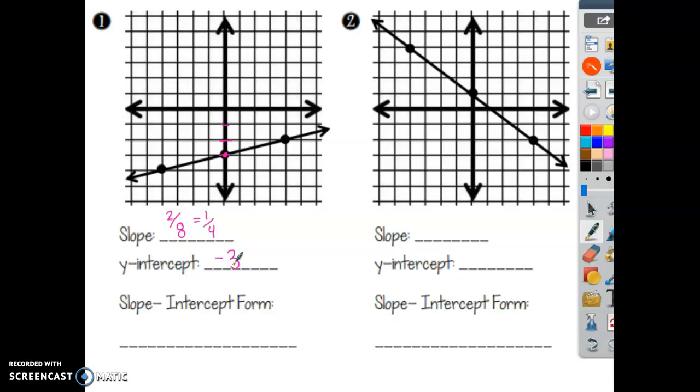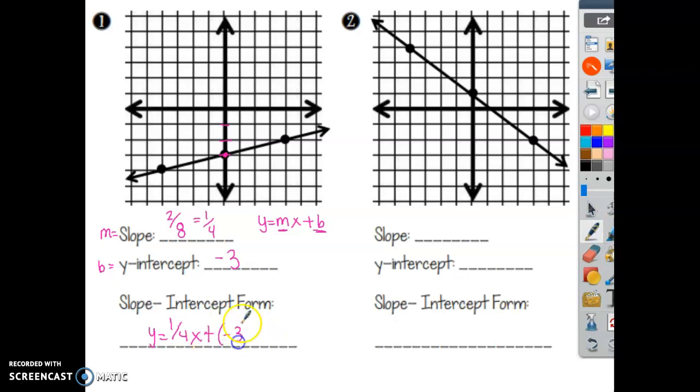Slope-intercept form. So now that we have our slope m and our y-intercept b, we can use y is equal to mx plus b to plug in these two values to get our equation for our line. So y is equal to m, which is 1/4, x plus b, which is -3, so plus -3.